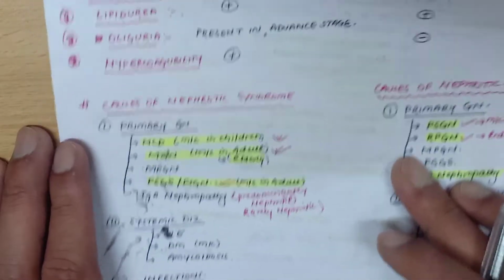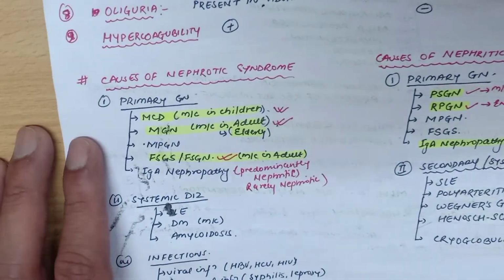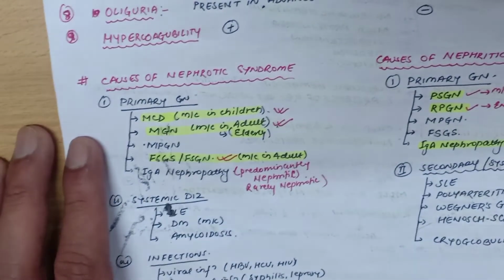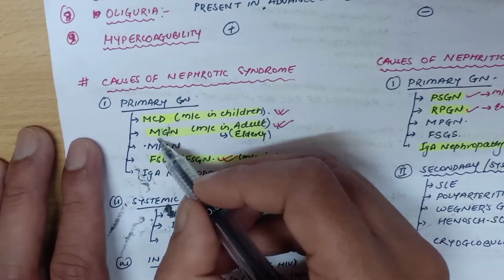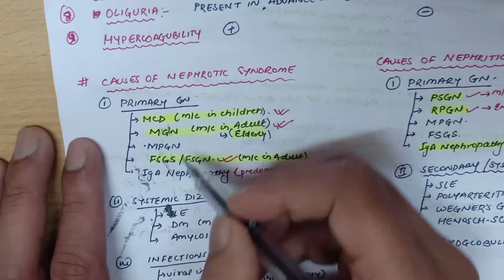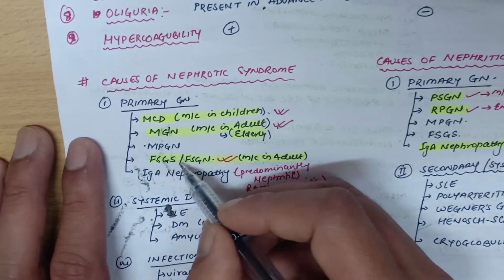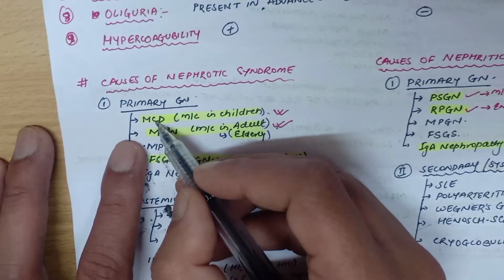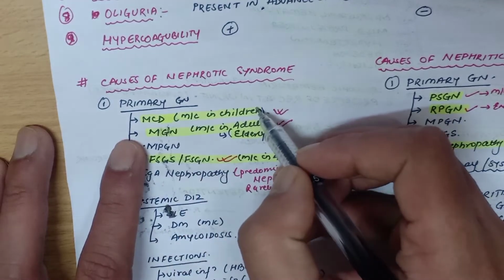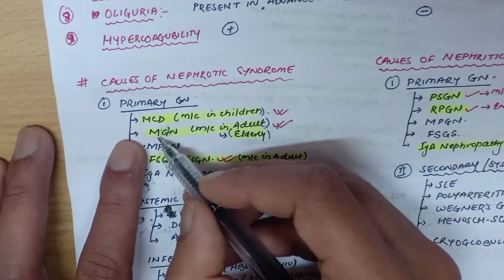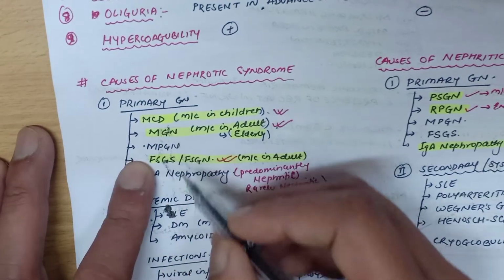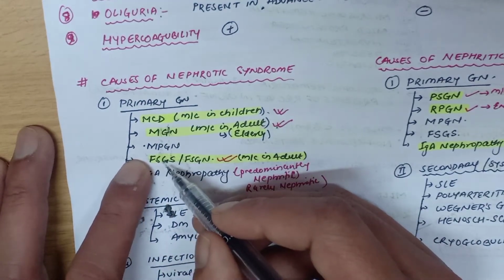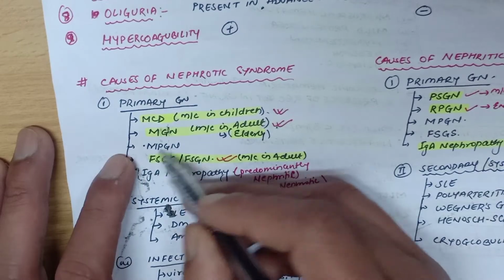Now coming to causes of nephrotic syndrome, there are three main causes: minimal change disease, membranous glomerulonephritis, and focal segmental glomerulosclerosis. Minimal change disease is most commonly seen in children, whereas membranous glomerulonephritis is most commonly seen in elderly, and focal segmental glomerulosclerosis is most commonly seen in adults.